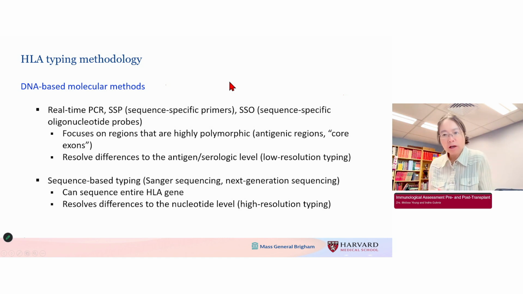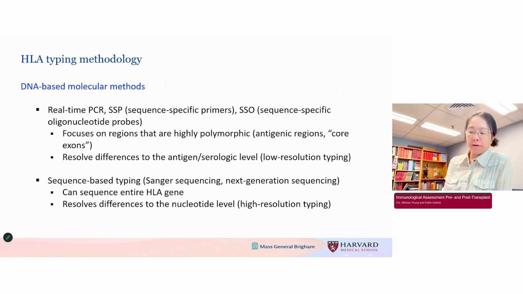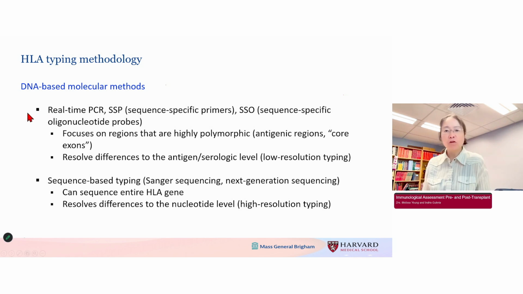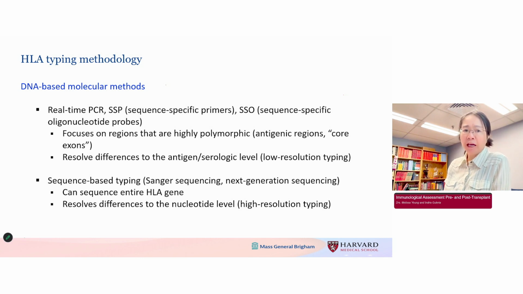So how do we know what the patient's or the donor's HLA typing is, which HLA proteins they're actually expressing? These days, the testing is done by DNA-based molecular methods. There are two main categories. The first is what we call low or intermediate resolution typing, which is really only going to resolve protein differences at the antigenic or serological level.